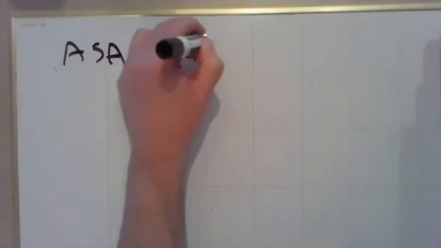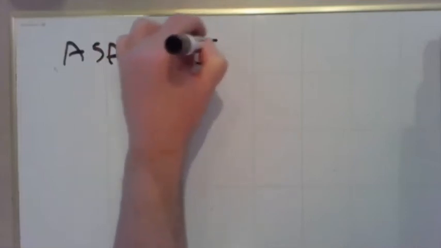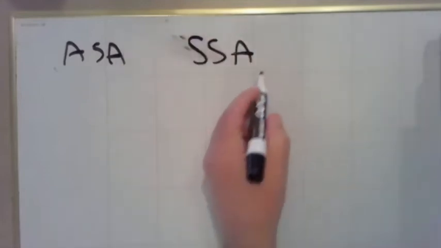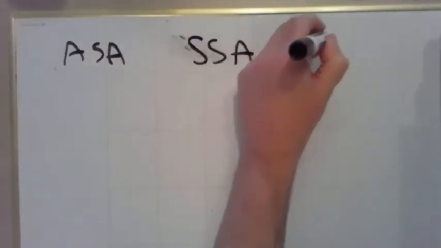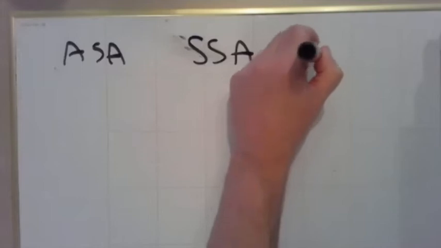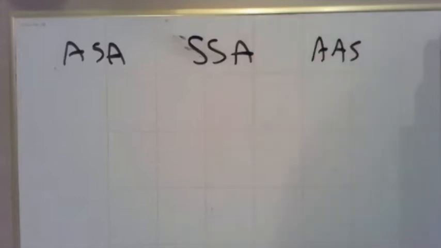Okay, we use law of sines in these three scenarios. Angle, side, angle. Angle, angle, side. Most places write this side, side, angle; I tend to write angle, side, side. And angle, angle, side.